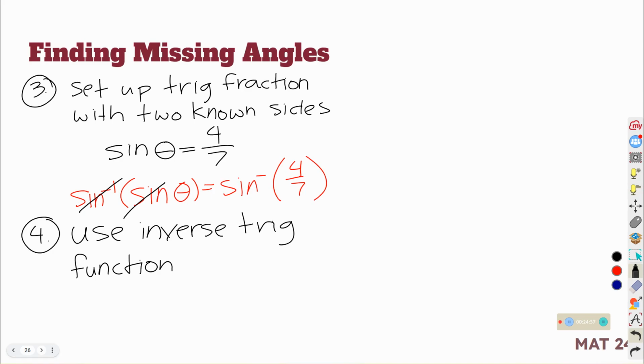So on the left I'm left with just the angle. On the right, I'm left with sine inverse of 4/7.